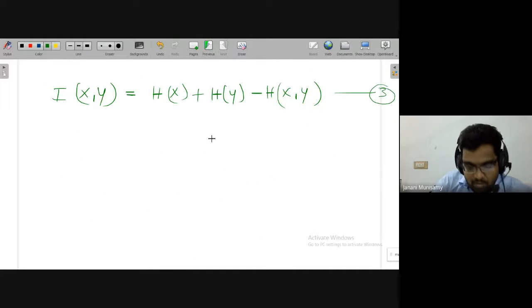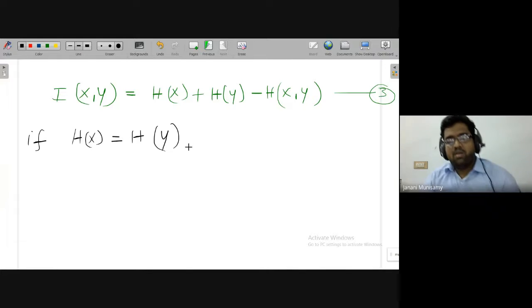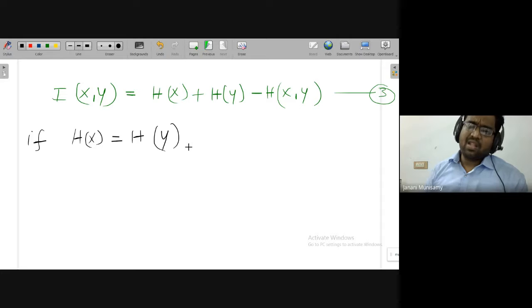From all these formulas, we can understand that if h of x is equal to h of y, this is possible only when the channel is noiseless. If the channel is noiseless, there will not be any change in x and y. The uncertainty in x and the uncertainty in y will be the same.